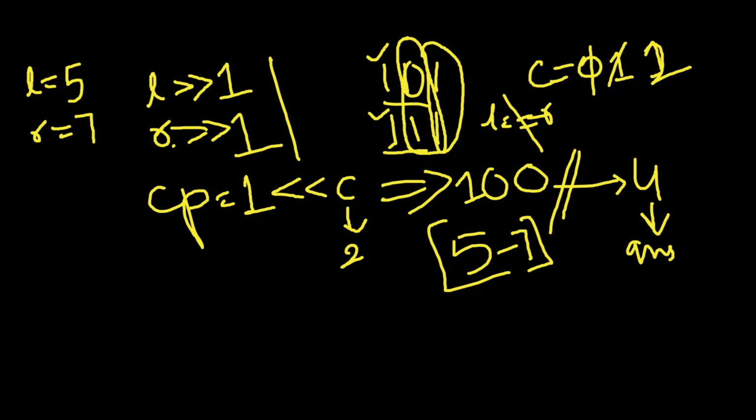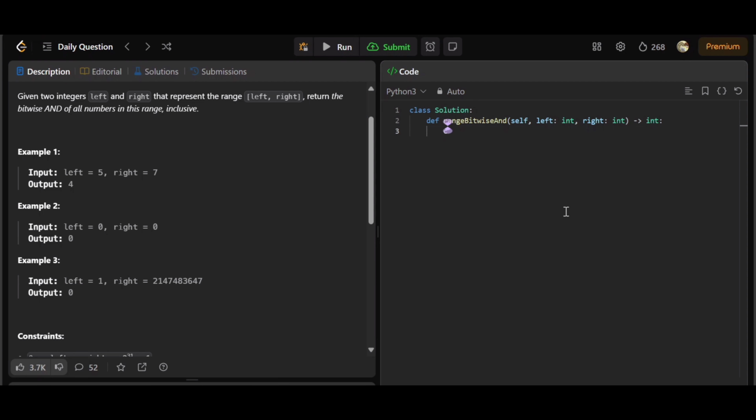So let's do the code part now. First we are taking a counter equals 0, and while left is not equal to right, we do a right shift.